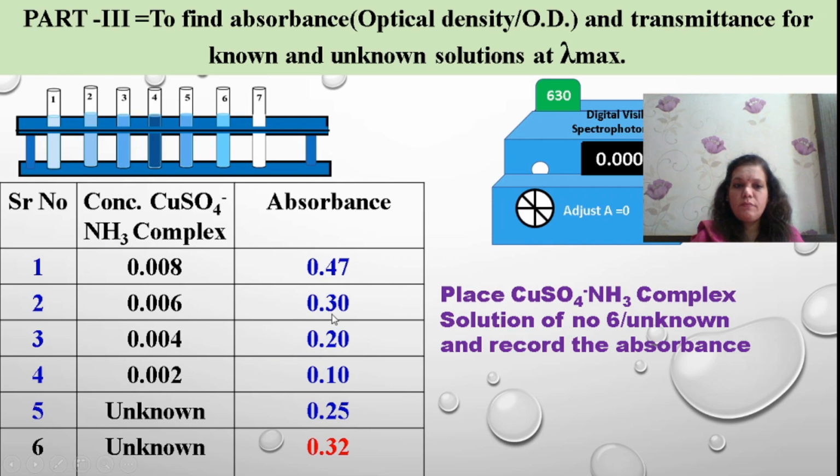So this data is ready at your end with respect to different concentration solutions of copper sulfate ammonia and their absorbance values. Now my Beer's law tells me what? When a beam of monochromatic light is allowed to pass through the colored solution, the decrease in color intensity is directly proportional to concentration. That is, absorbance is directly proportional to concentration. So if I plot a graph of absorbance versus concentration, which is a straight line plot passing through the origin, then by knowing the absorbance of unknown solution, I can find out the concentration.